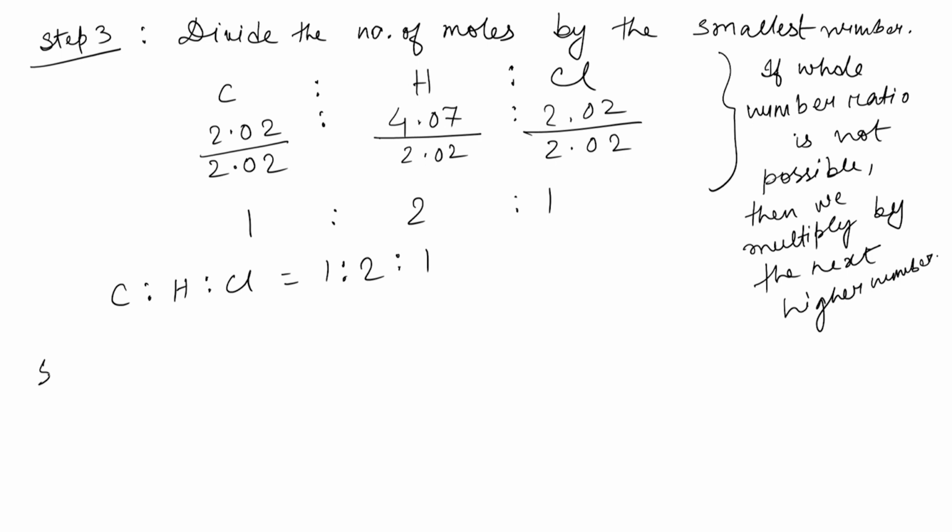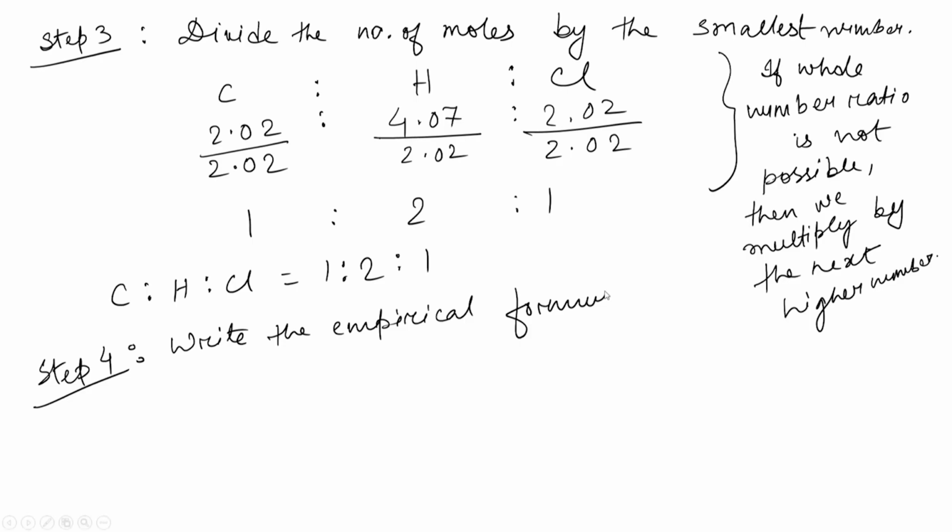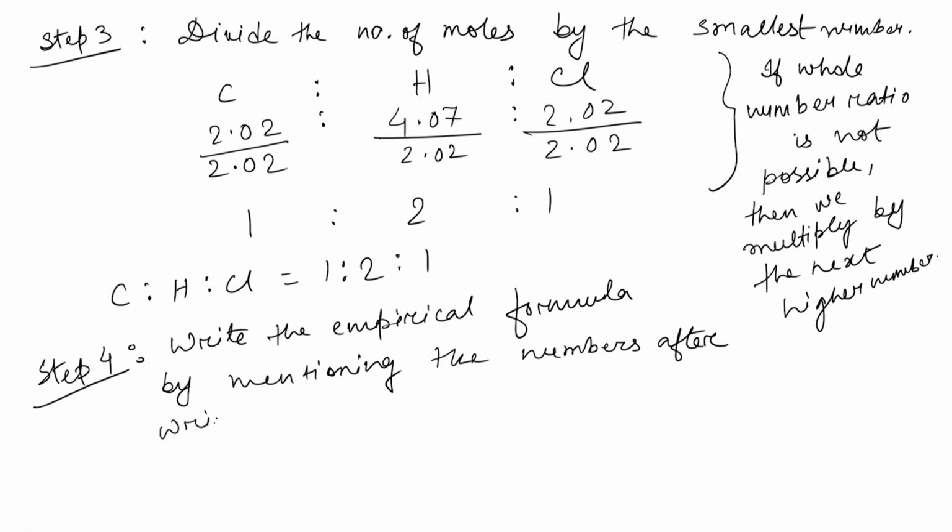Now, there is step 4. Step 4 is write the empirical formula by mentioning the numbers after writing the symbols of respective elements.